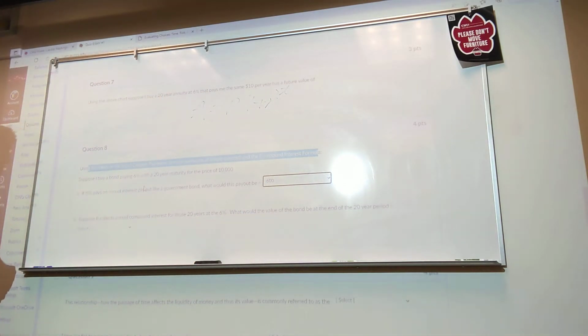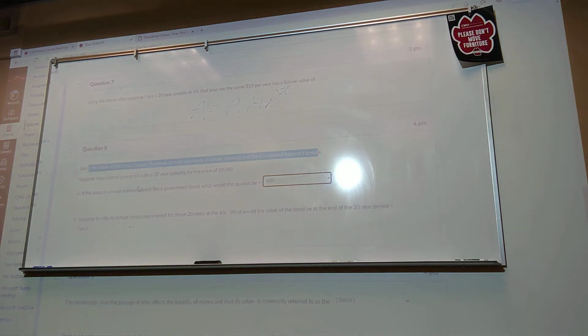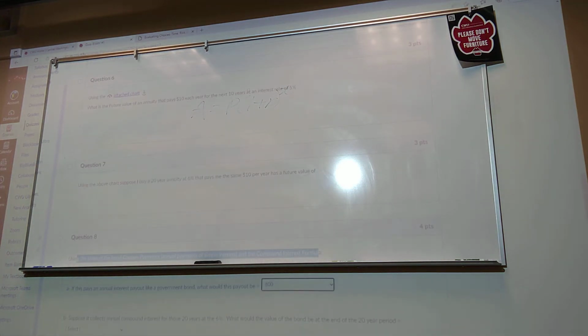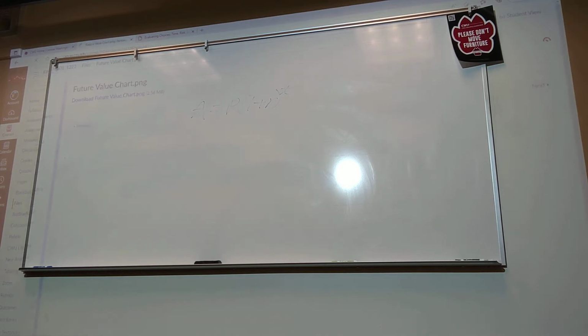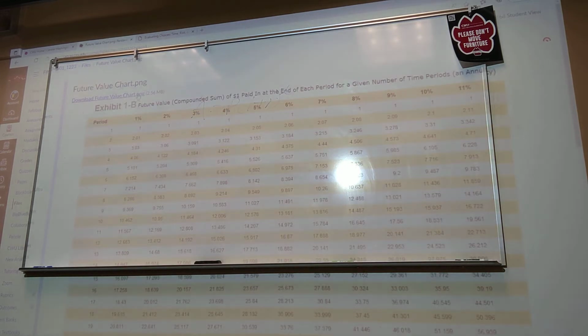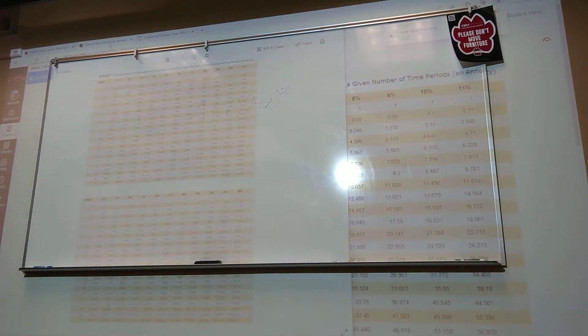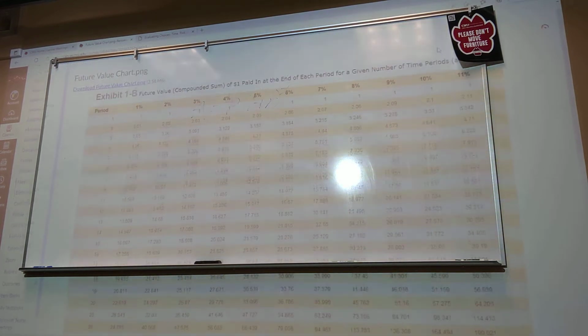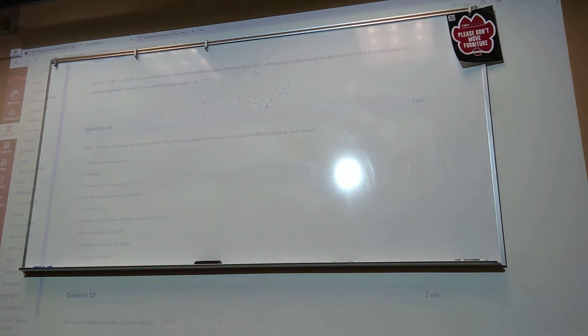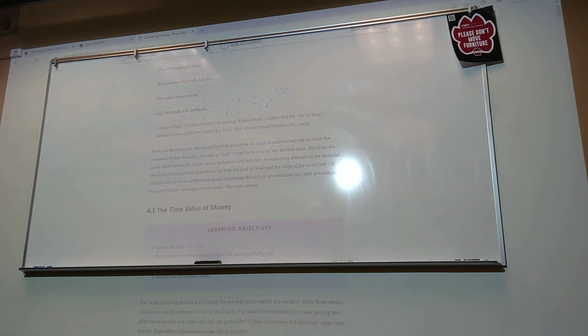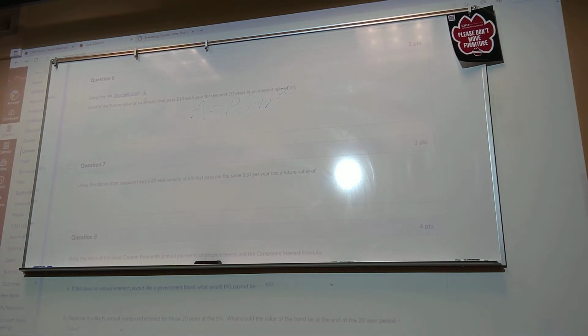So plug that one in there, and yeah, so this one, use your annuity chart here as well. You can download the chart here, so that should make it easier. There we go. So if you download the chart, right there.